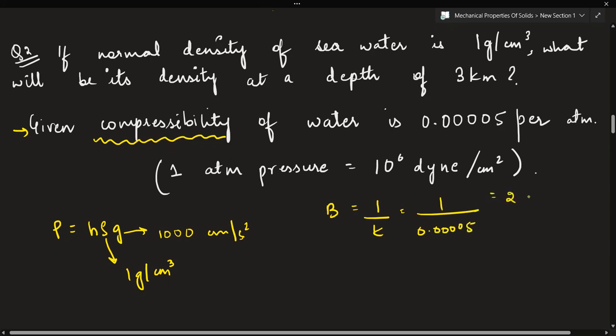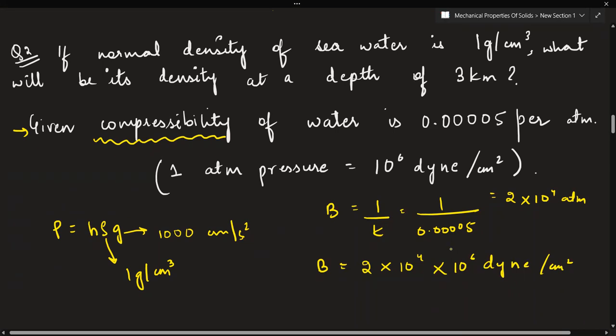This would give you 2 into 10 to the power 4 ATM, atmosphere, but we don't need the answer in atmospheric pressure. We need it in CGS unit. So just multiply it. Bulk modulus would be 2 into 10 to the power 4 into 10 to the power 6 with this unit, dyne per centimeter square. Is the bulk modulus clear to you?